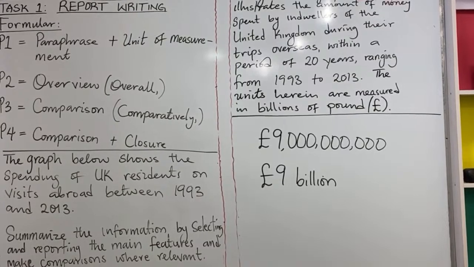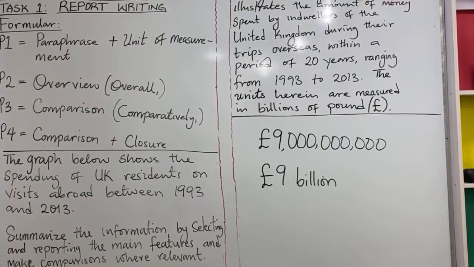In the year 1993, with the rates of about £2 billion, £1.2 billion, and £0.8 billion, respectively. Full stop. Is that taken?